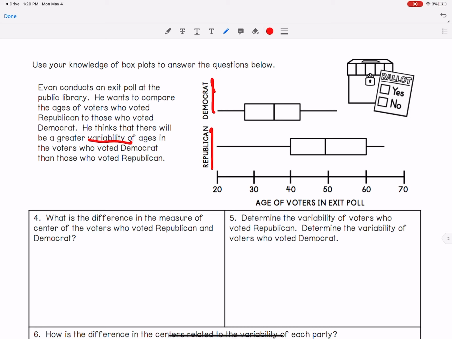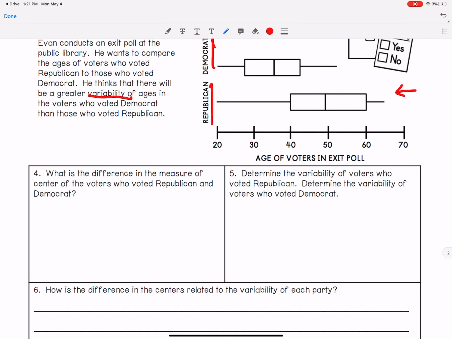That means he thinks the ages are going to be more spread out in the voters who voted Democrat than those who voted Republican. Let's go ahead and find out if he's right by taking a look at our box plot.